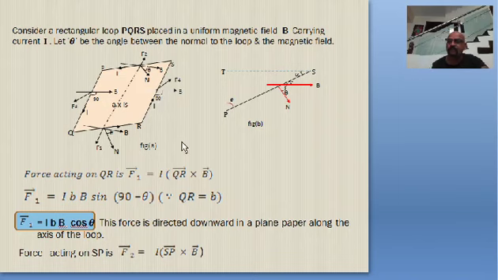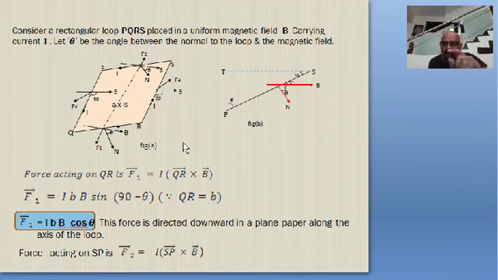These two forces make the loop rotate, make the loop turn. So therefore the torque will act on it. So the torque is contributed by two forces F3 and F4. The two forces are equal and opposite, and they are separated by some distance. So two equal and opposite forces separated by a small distance constitute a couple, constitute torque.